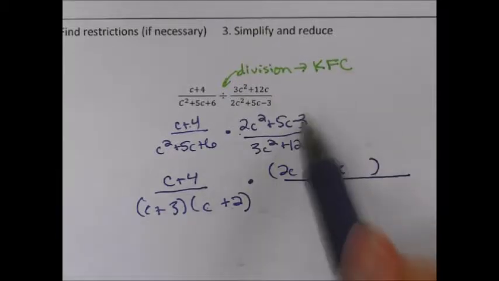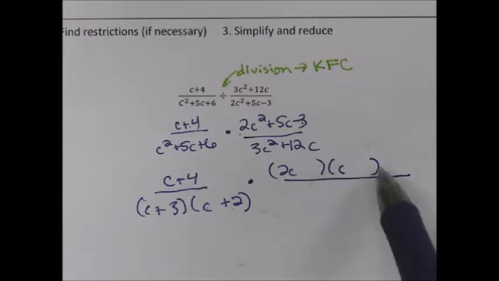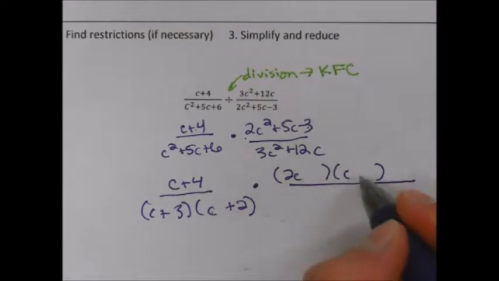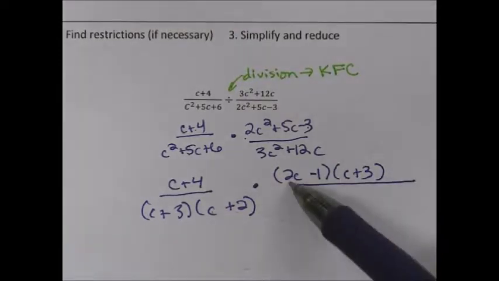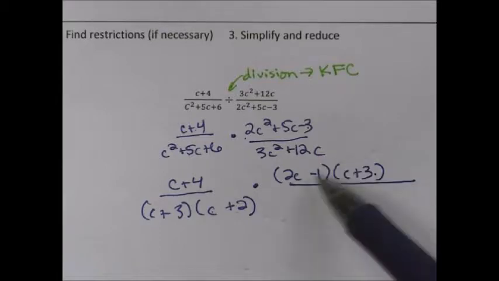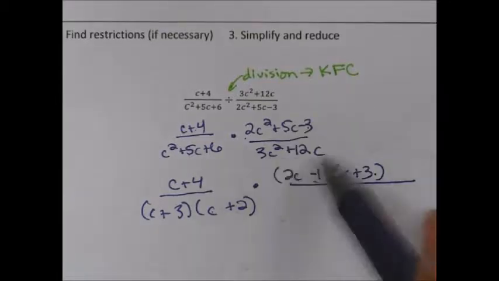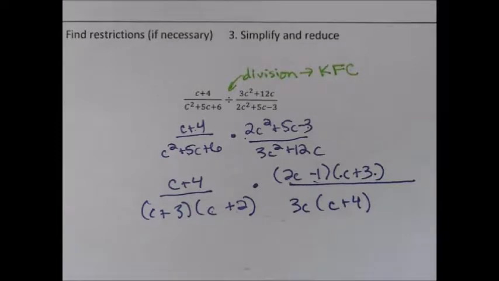And a 3, if I put the 3 here, I need a 1 here, so that's 3c and 2c, but I have to have a negative 3, so let's do it. Okay, so that gives me a 6c minus c is 5c. That works. The bottom here, I have a GCF of 3c, and I get c plus 4.